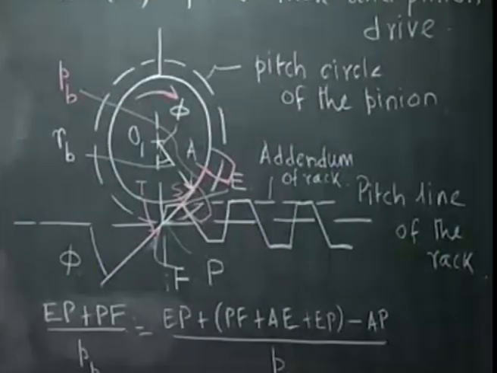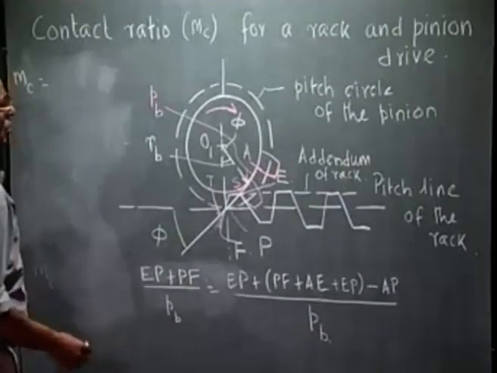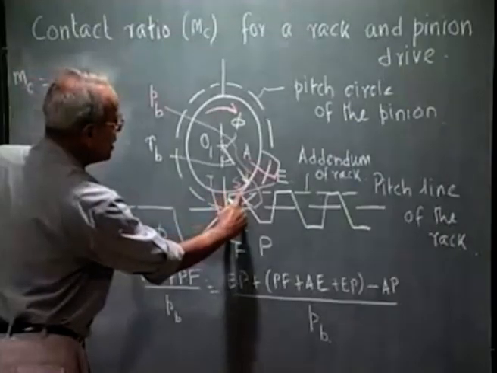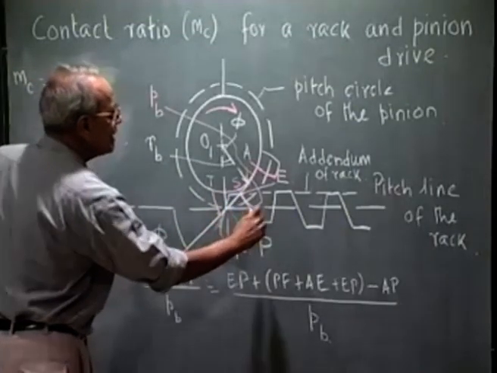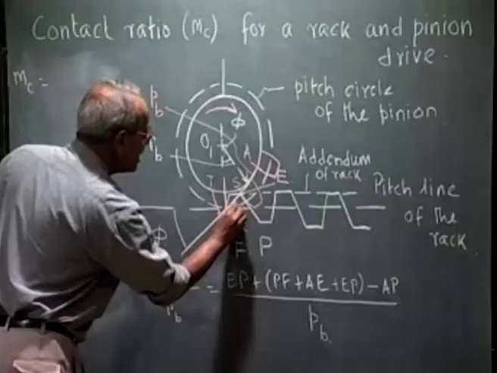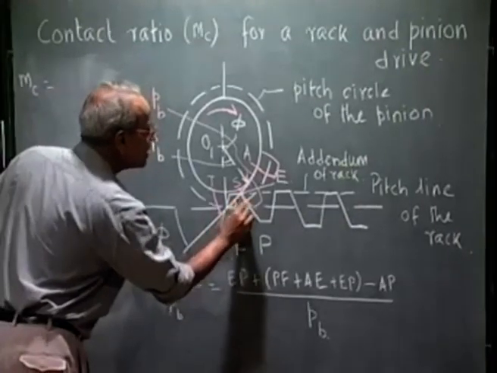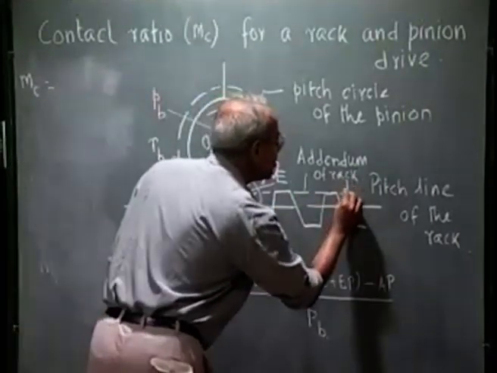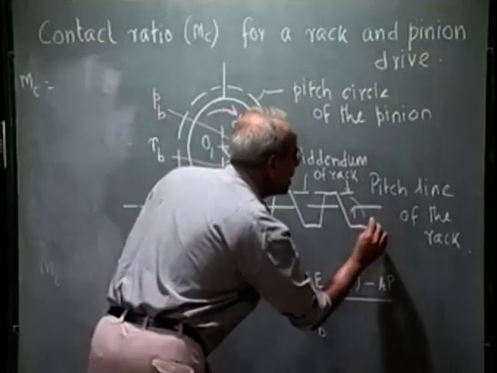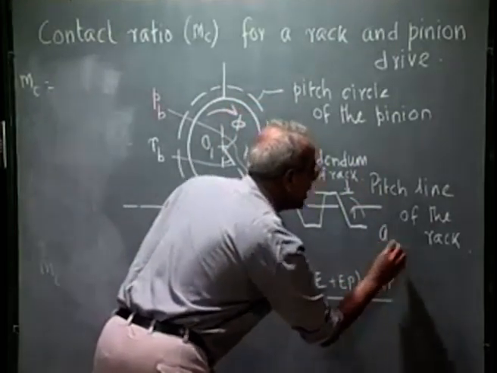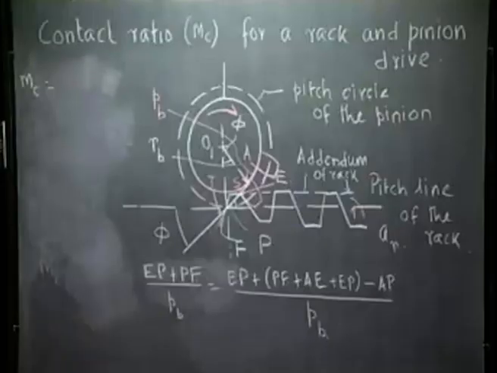So, finally, I get MC, the expression of MC, contact ratio, is EP. What is EP? EP is this height, which I can see if this angle is phi and this vertical height is the addendum of the rack, which I denote by AR. AR is the addendum of the rack.